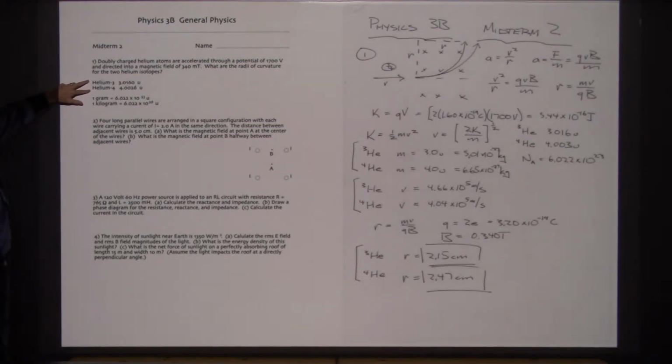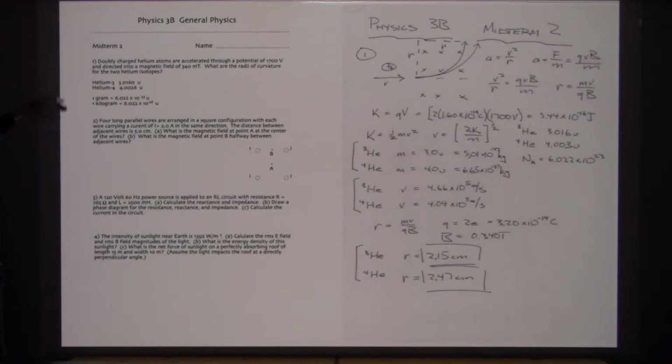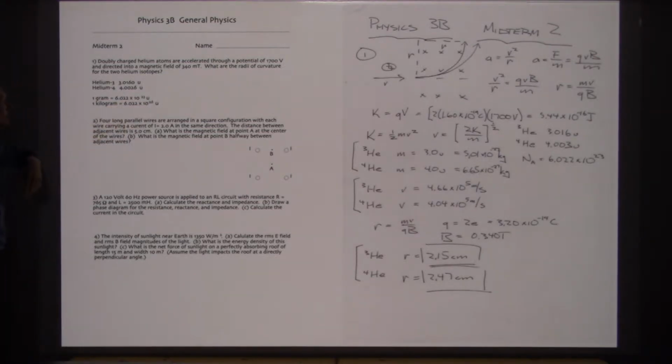So I want to keep track of these masses, but you can see to 3 significant figures, helium-4 is 4.00. Helium-3, there's a few isotopes early in the periodic table, isotopes of hydrogen and helium, where that third digit makes a difference, so 3.01. Anyway, I wrote down that 1 gram is the equivalent of 6.022 times 10 to the 23rd atomic mass units.